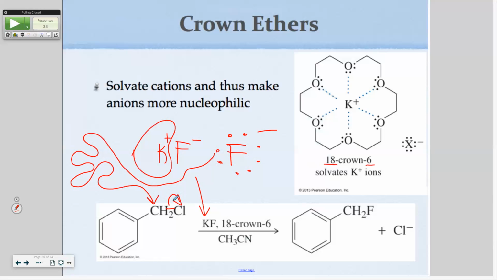So you get this and the chloride ion. And if that was a chiral center, it would have been inverted, right? Flipped. But that's not chiral. Why not chiral? Because it has a plane of symmetry, and it does not have 4 different groups attached to that carbon. It has 2 hydrogens.